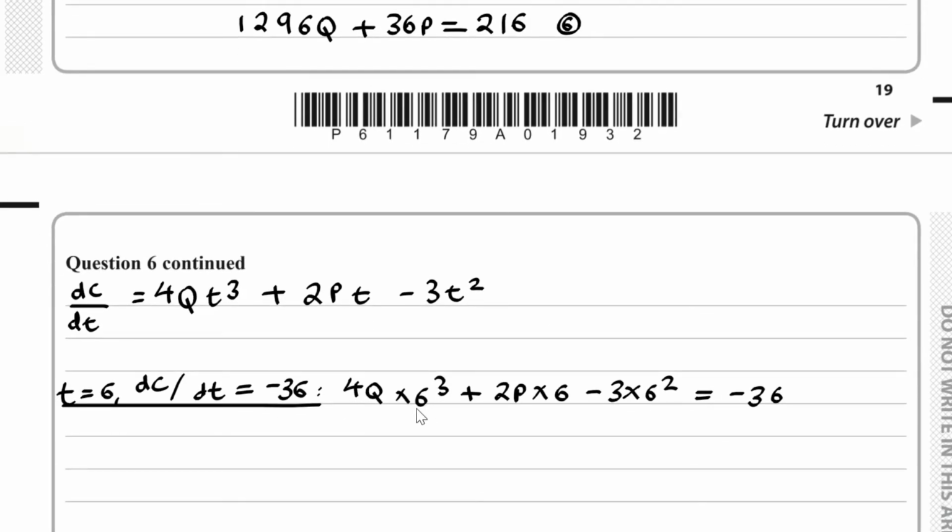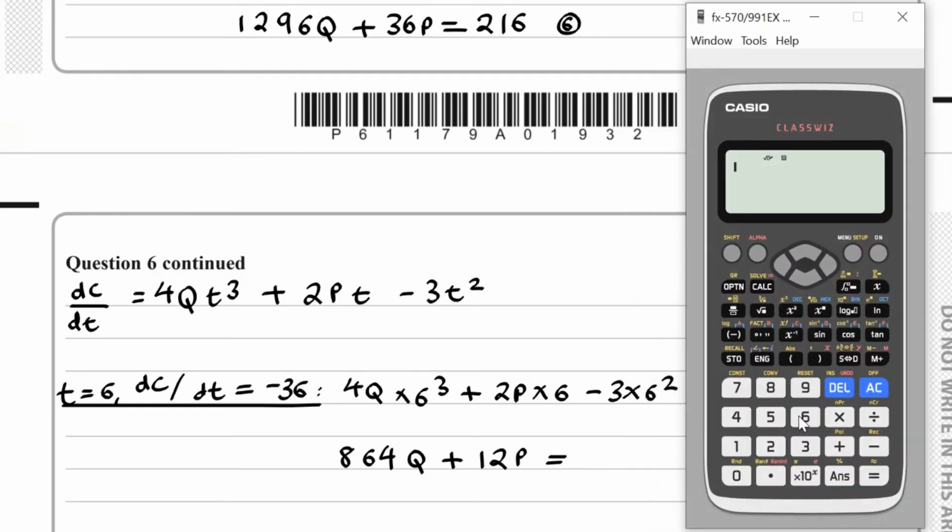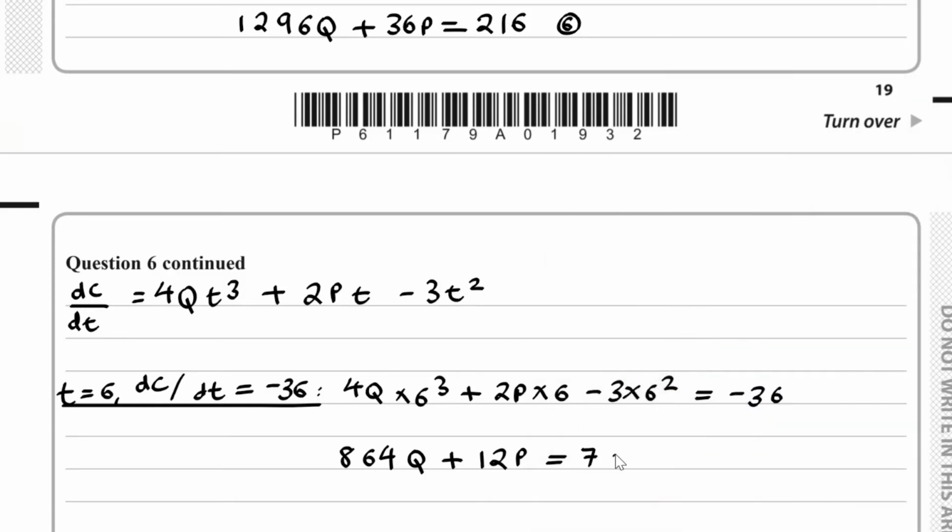So we have 4q times 6 cubed, so that will be 864q, and then we have here 12p, and this is equal to minus 36. Let's do this on calculator. So we have minus 36 plus 108, which is 72. We'll call this equation number 7.